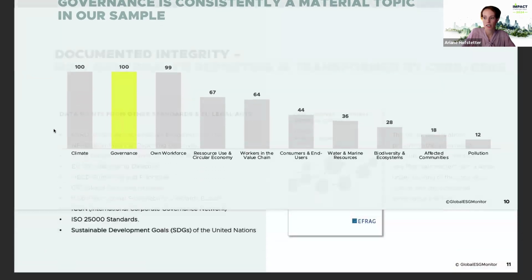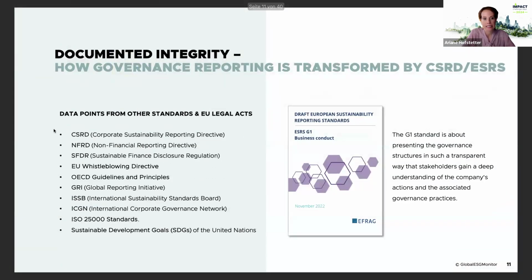Let's take a look at the ESRS, which we called the documented integrity, and a little bit more background. This standard is about presenting the governance structures in such a transparent way that stakeholders gain a deep understanding of the company's actions and the associated governance practices.